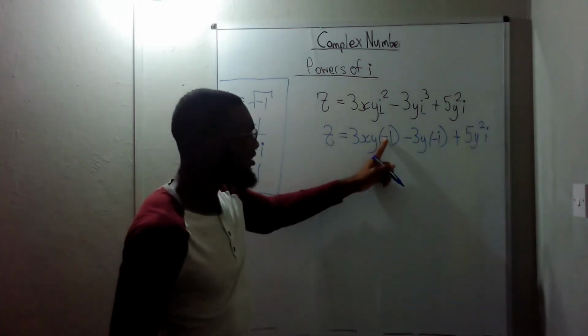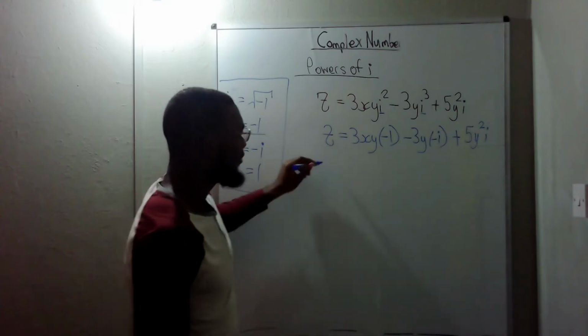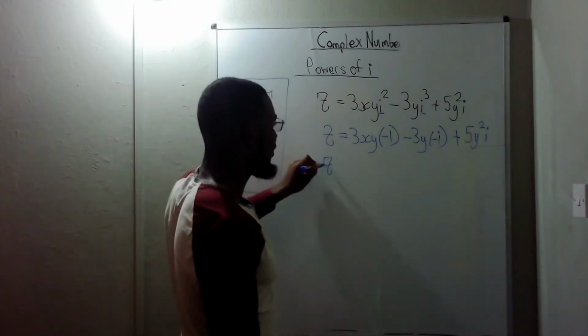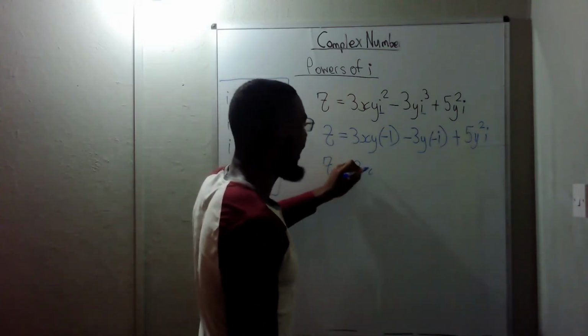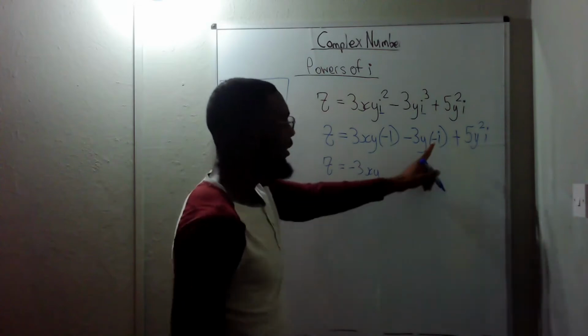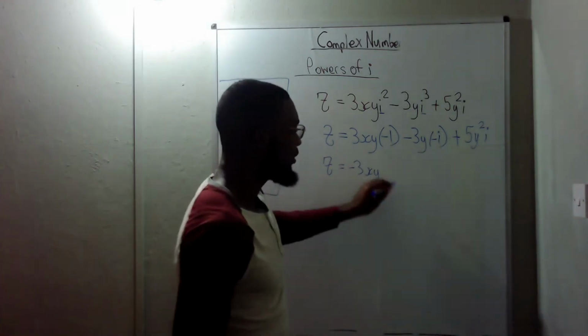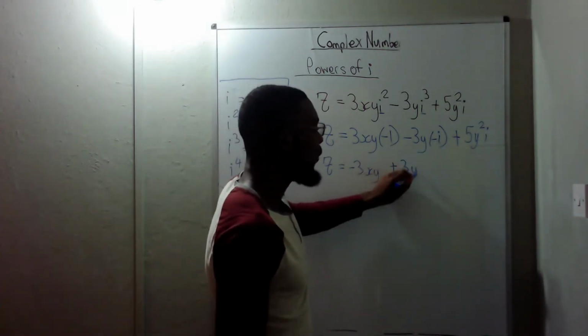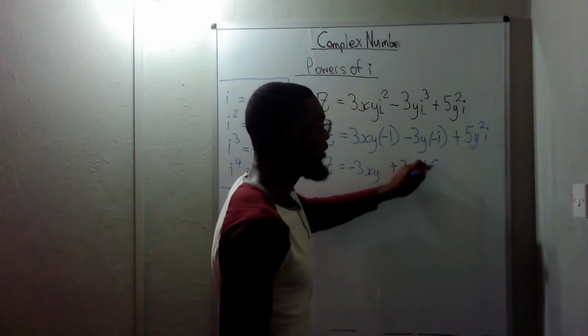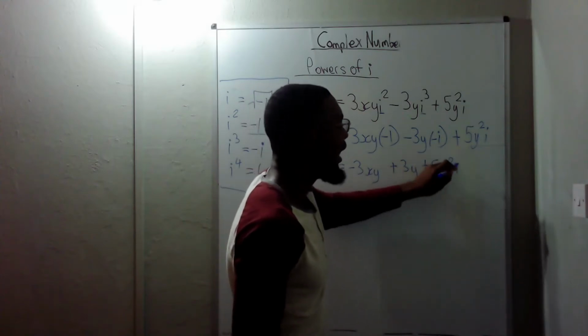Now, minus times positive makes everything just minus. So z is now minus 3xy. Then minus and minus become plus, so that becomes plus 3y i plus 5y squared i.